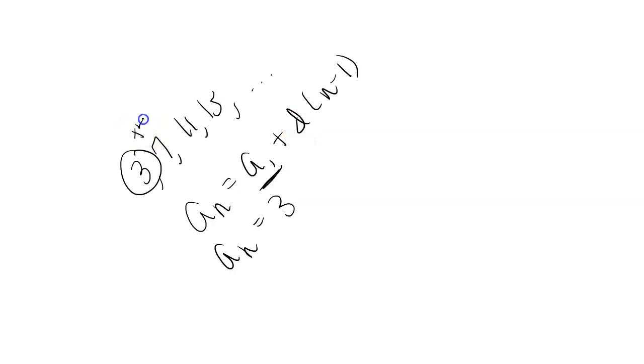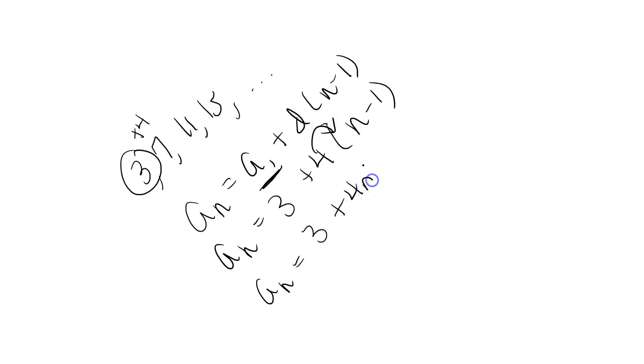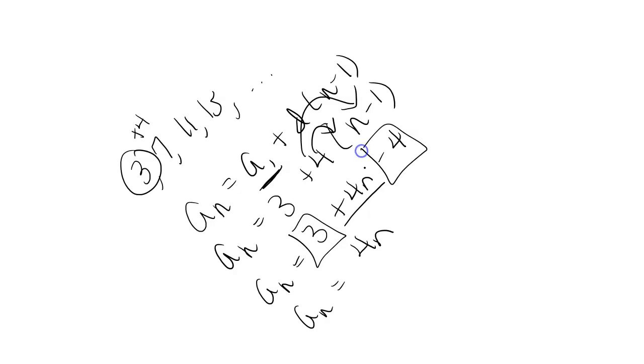My difference is I'm adding 4, so plus 4 times n minus 1. Then I would distribute, so 3 comes down, 4 times n is 4n, 4 times -1 is -4. Bring down my 4n, and then combine 3 minus 4 is -1. So a sub n equals 4n minus 1 is the same as saying y equals 4x minus 1.